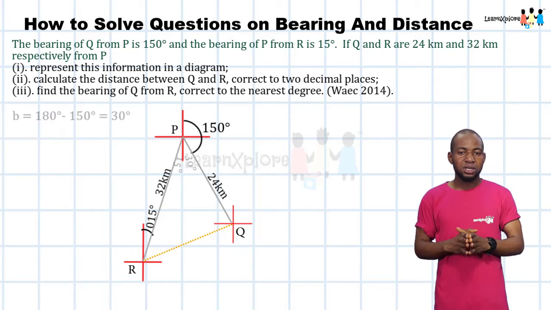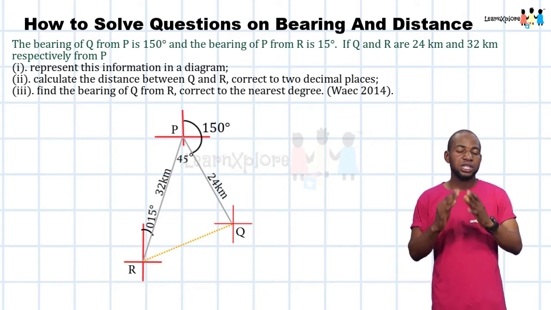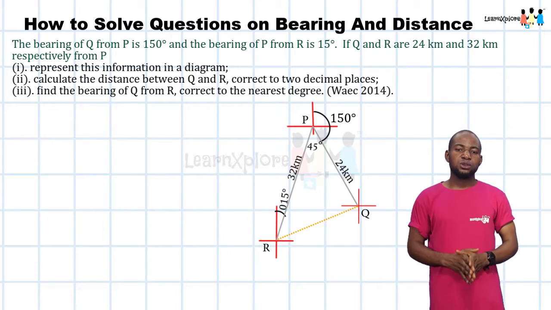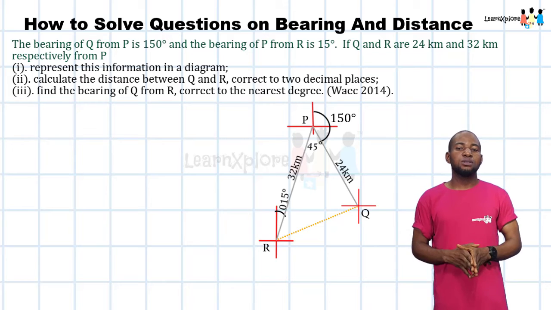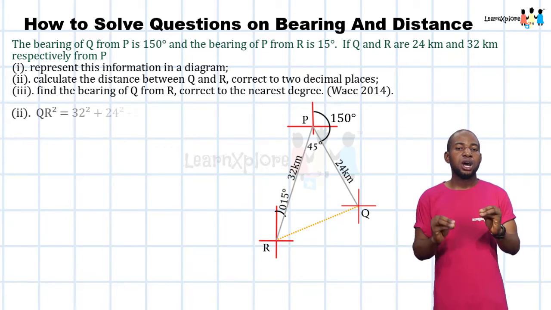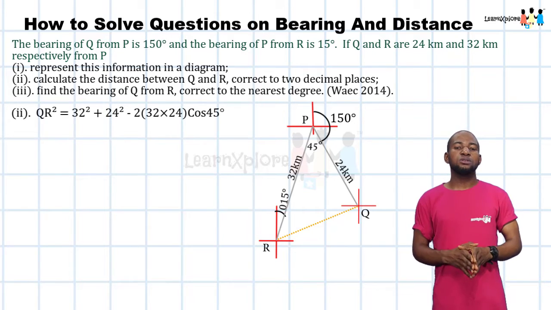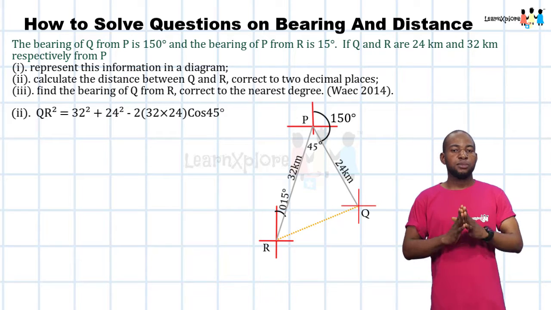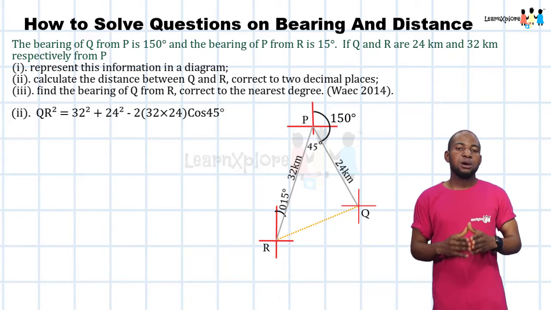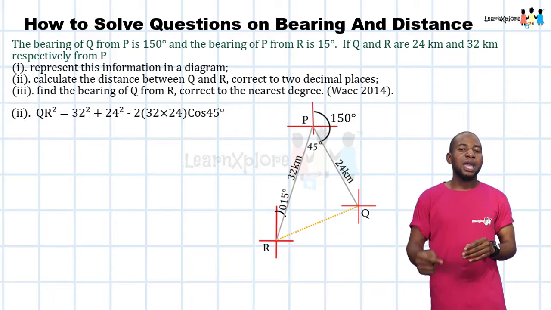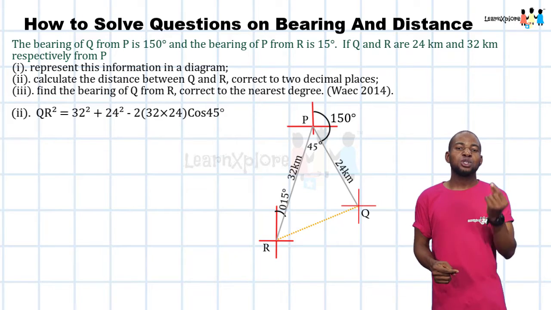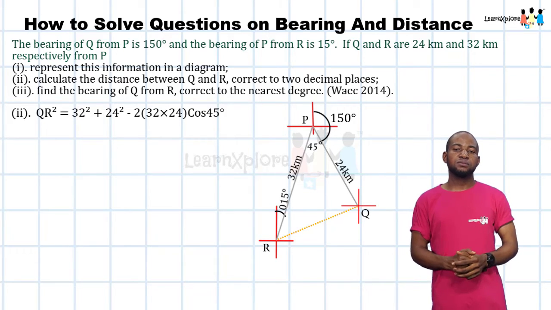That is, angle P is equal to 45 degrees. Using the cosine rule, the distance QR will be obtained as QR squared equal to 32 squared plus 24 squared minus 2 times 32 times 24 cos 45 degrees.